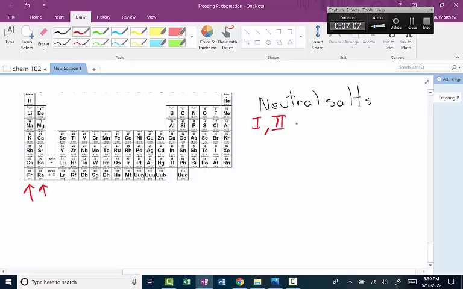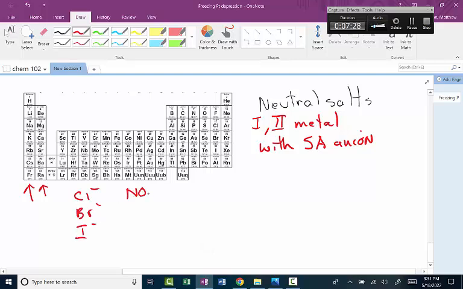Okay, so a neutral salt is an ionic compound, and so it's a column 1 or column 2 metal with a strong acid anion. And so we mix and match. Our strong acid anions are chloride, bromide, iodide, nitrate, sulfate, and perchlorate.